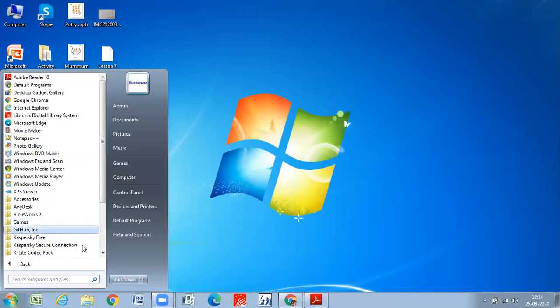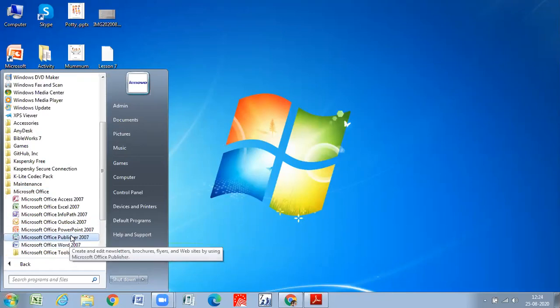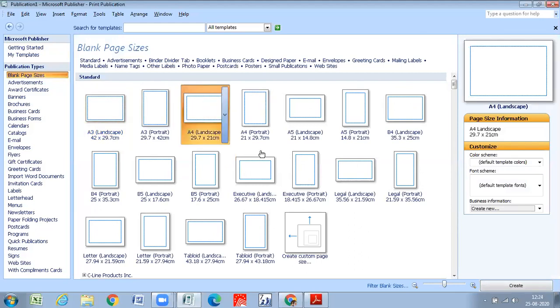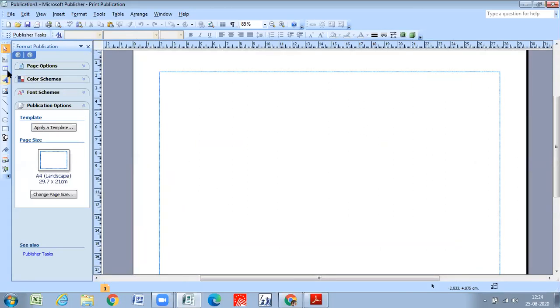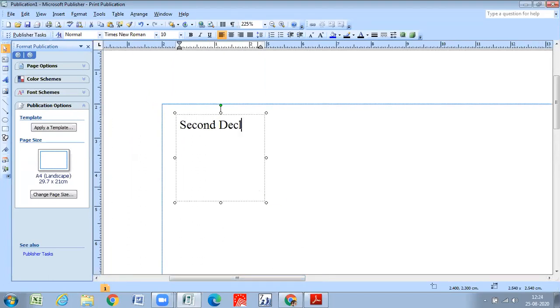Second declension noun. Can you tell me what are the second declension nouns?